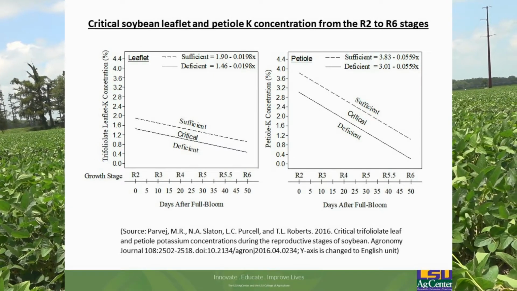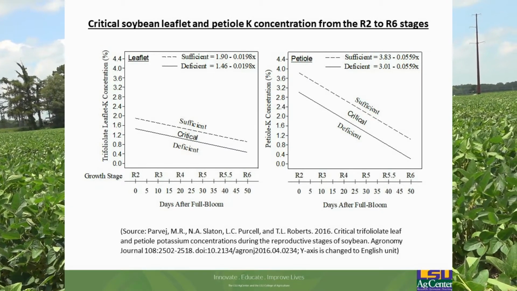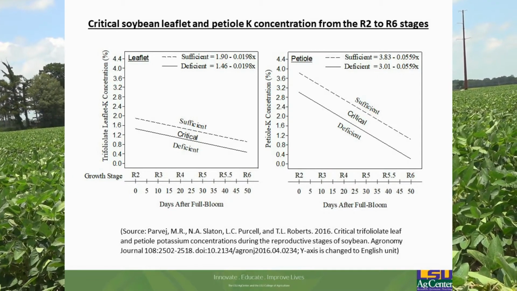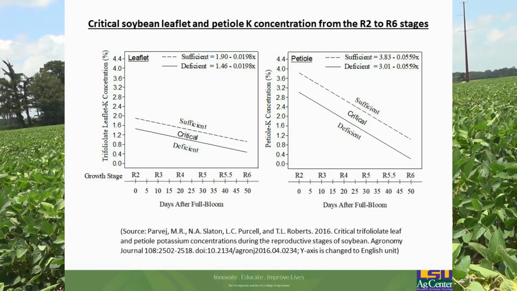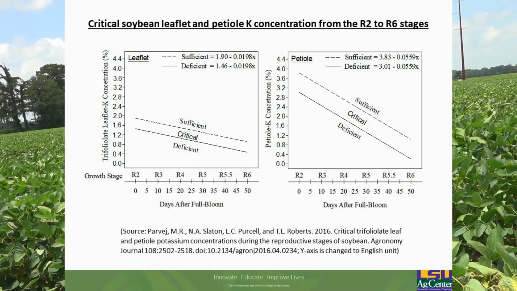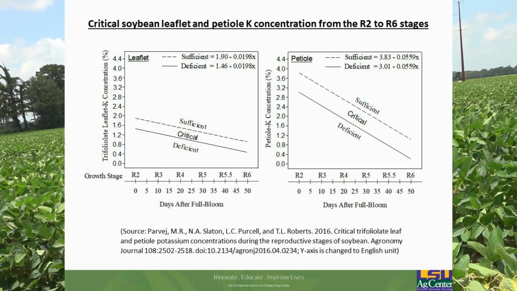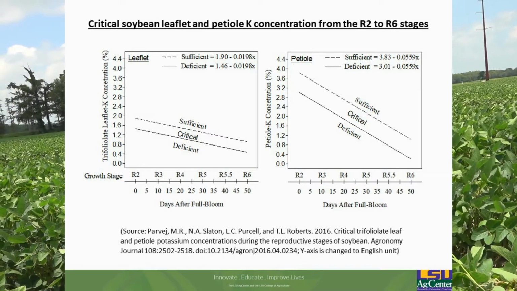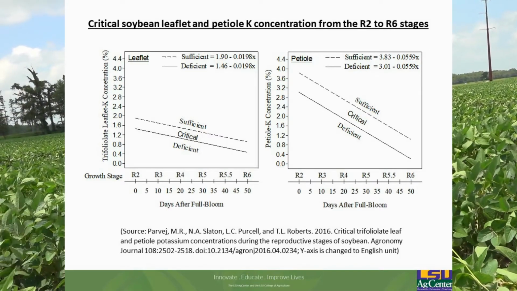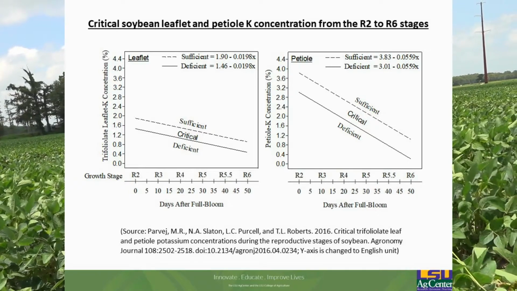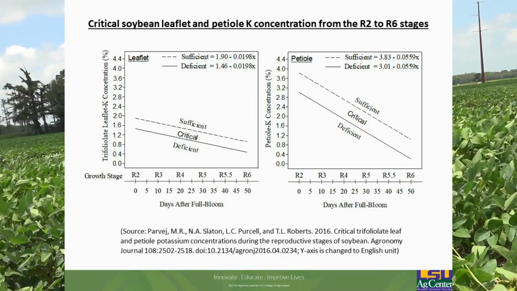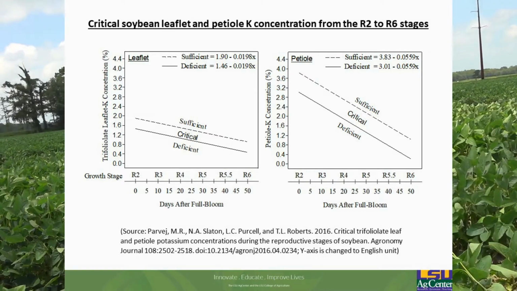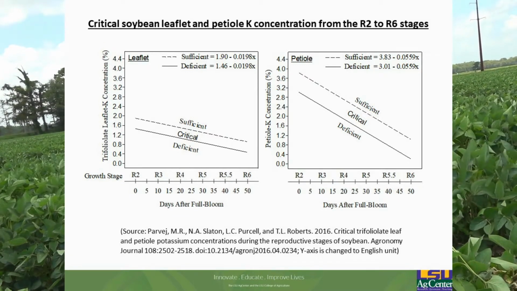For example, on this slide, at the R2 stage, the critical potassium concentration for the leaflet ranges from 1.46% to 1.9%, and for the petiole, it ranges from 3 to 3.8%. Any concentration below this critical level would be deficient, and above it would be sufficient.